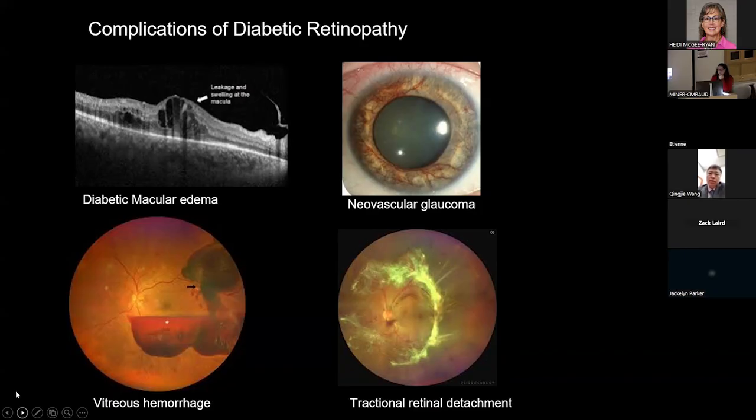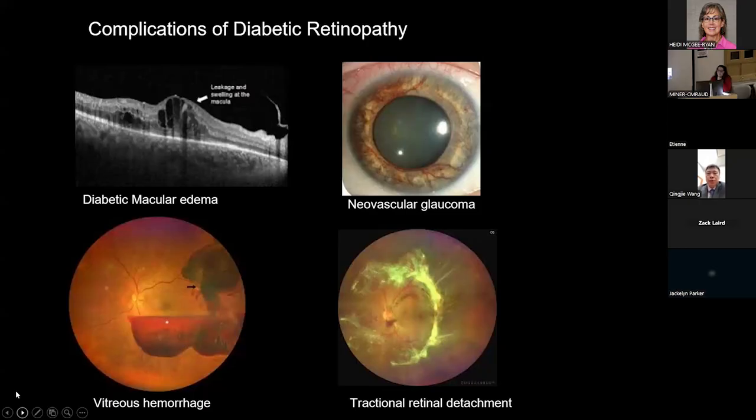Along the line of diabetic macular edema, patients can also develop hemorrhage. This is typically when patients further progress into the proliferative stage. They develop abnormal blood vessels, which can present in the iris, which is called rubeosis, like the upper right photo showing rubeosis.